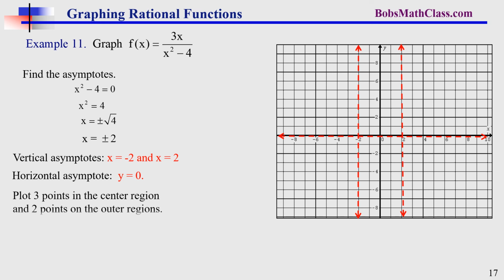So now let's pick some points. So here are my points. Negative 3 and negative 4 to the left. Positive 3, positive 4 to the right. And negative 1, 0, and 1 in the middle. Make sure you pause the video and you're able to get those on your own calculator.